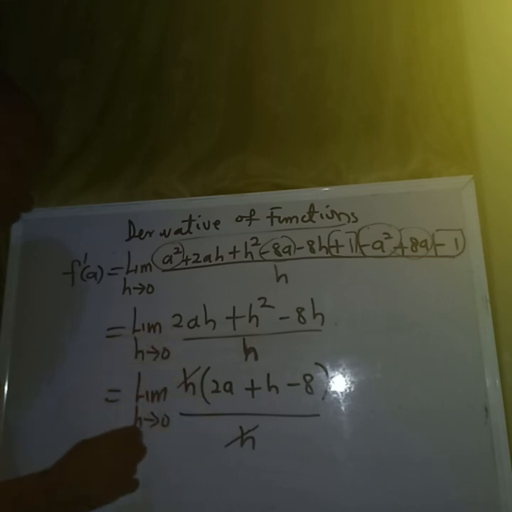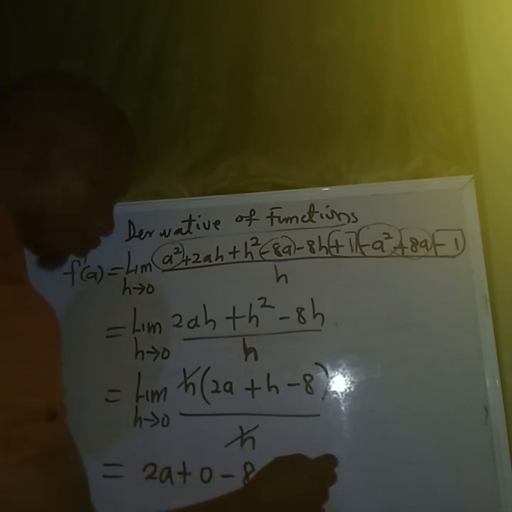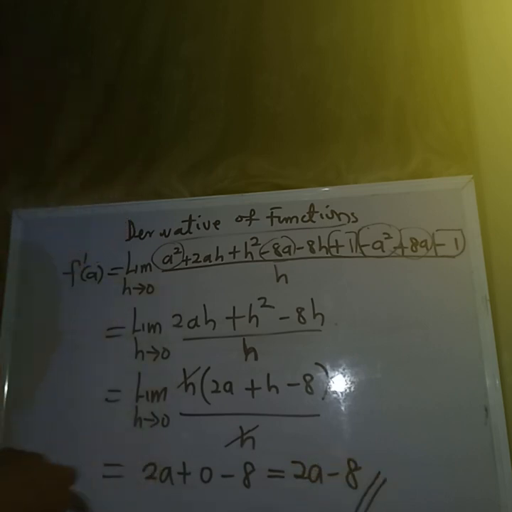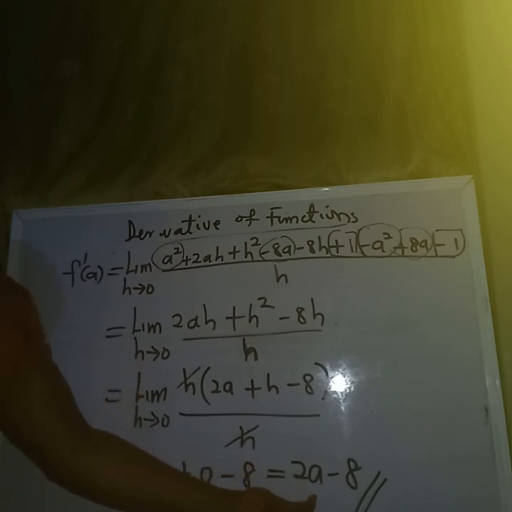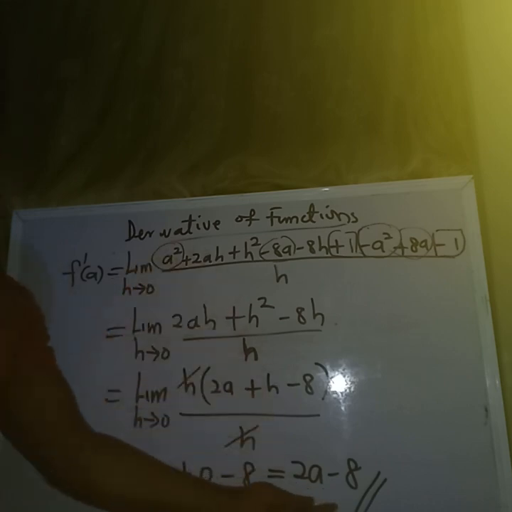So here we have 2a, plus 0, minus 8. So this is equal to 2a minus 8. This is the derivative of the function x squared minus 8x plus 1 at x equals a. Of course, if a is finite, the limit that we have done exists.